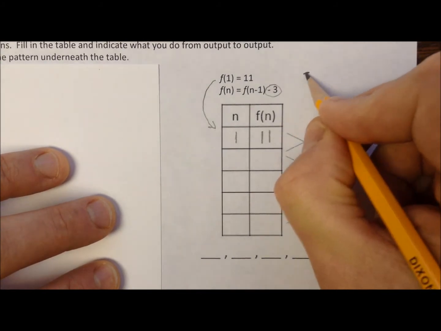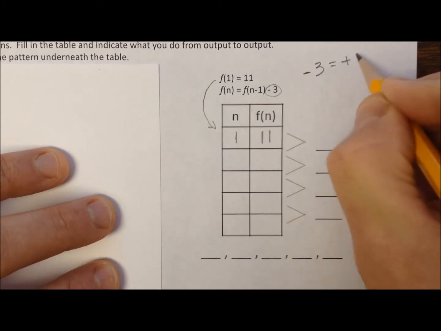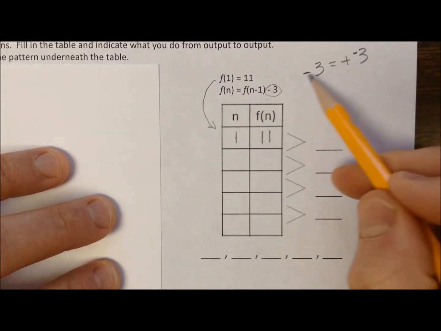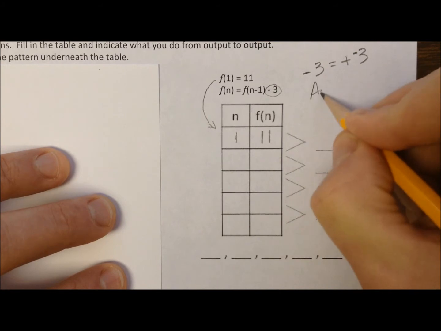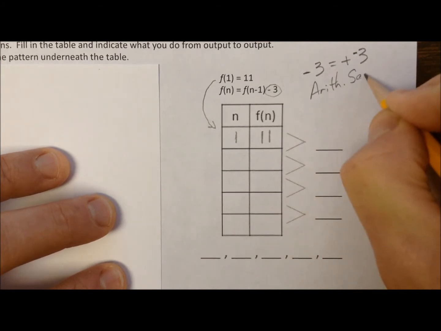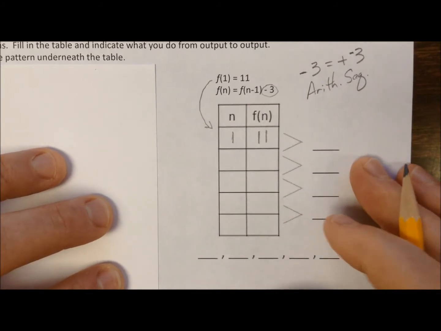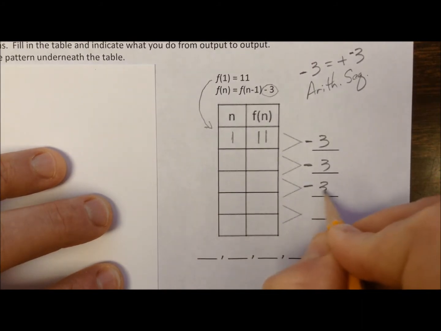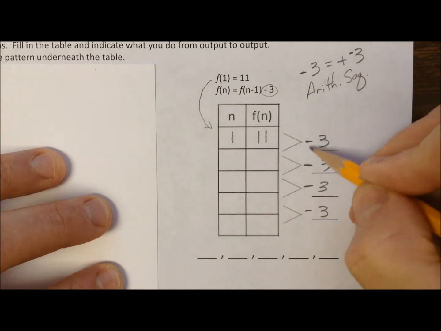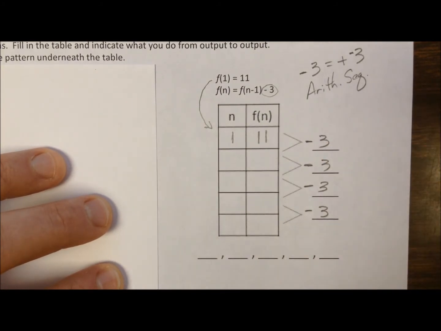Now remember, subtracting 3 is the same thing as adding a negative 3. So this is an arithmetic sequence. All right? So subtract 3, subtract 3, subtract 3, subtract 3. Again, if you want to say adding a negative, it's the same thing.